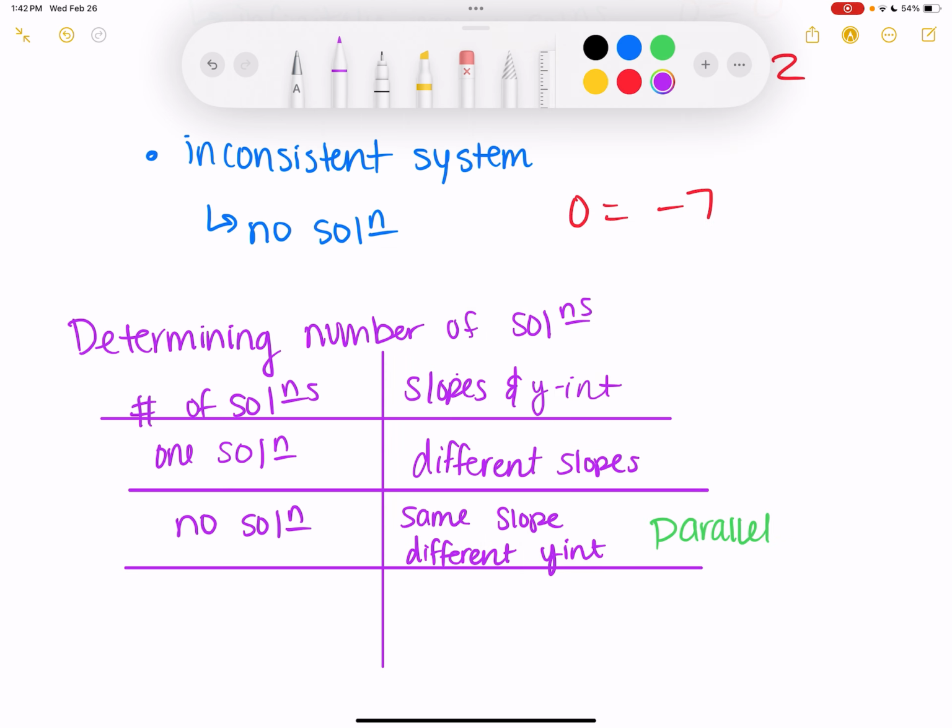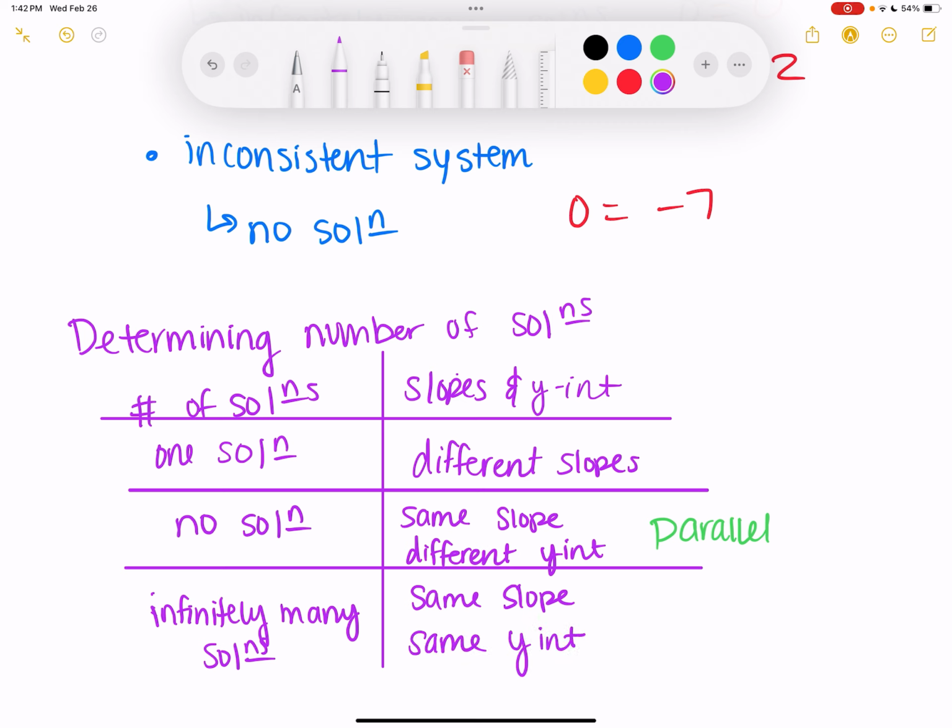Then your last one is infinitely many solutions, which is the same slope and the same y-intercept. So basically these come out to be the exact same line, like a line on top of a line.